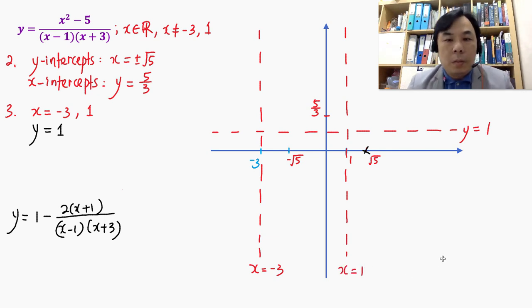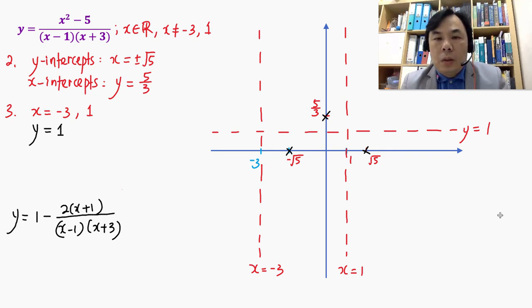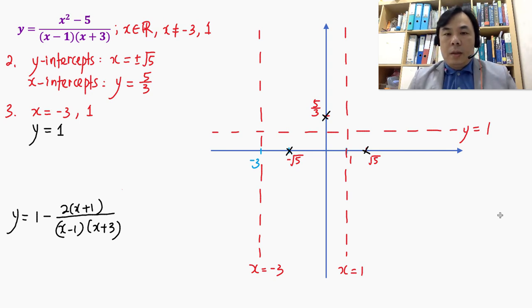Okay, and then I'm almost done. Just let me check through all the points that it passes through. It passes through here, this point, this point. All right. So generally we are almost done here. And then lastly, we just need to find out if there are any stationary points in this case, right? But I think it's quite obvious at this point.